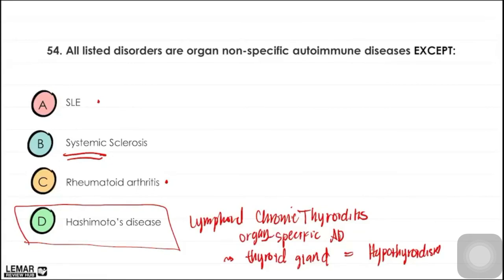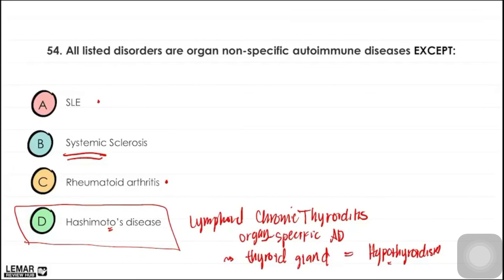So, organ-specific autoimmune diseases are produced by T-cells or antibodies against an antigen restricted to a single organ. In this case, we have antibodies produced against the thyroid gland, causing hypothyroidism. We have your SLE.